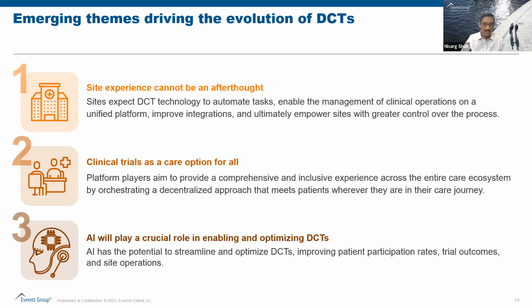The other is with respect to clinical trial as a care option for all. So it's not just the patient, site, and sponsors who are the stakeholders involved in a DCT. You will see a lot more stakeholders come into the mix, say, community groups. So leveraging community groups to build trust in the patient ecosystem, especially with minority stakeholders, will contribute to diverse patients participating in a DCT.